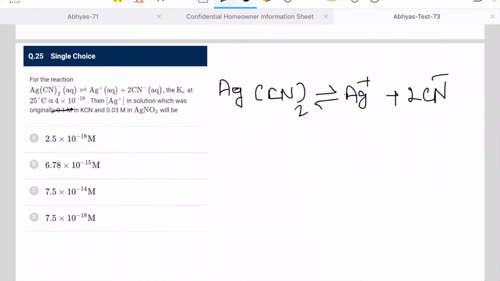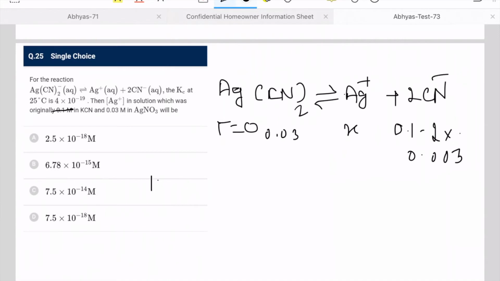So here this one will be at the time t0, so this concentration will be 0.03 will be there. So this will be x moles will be coming. This is 0.1 minus 2 into 0.003 will be coming.